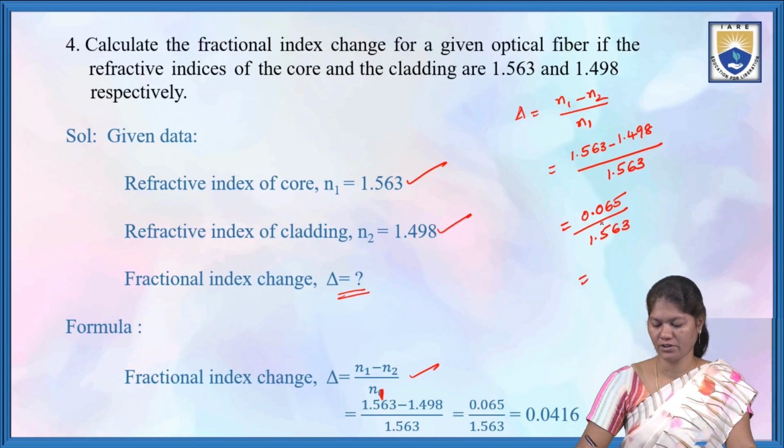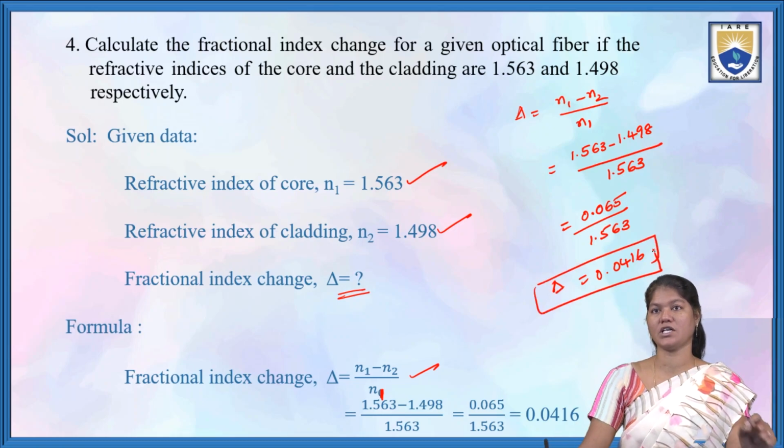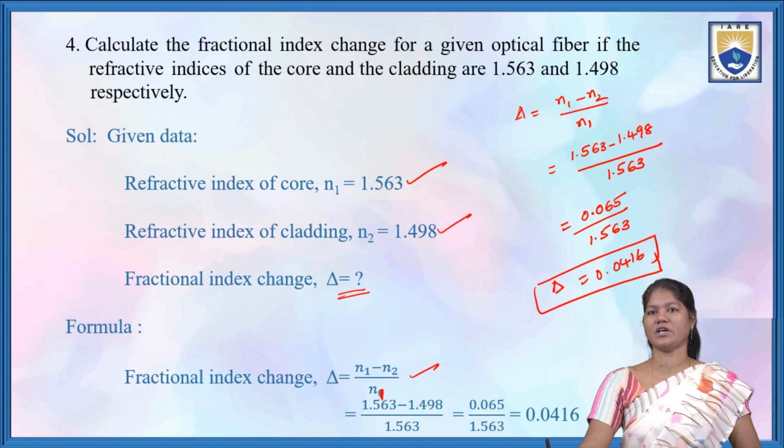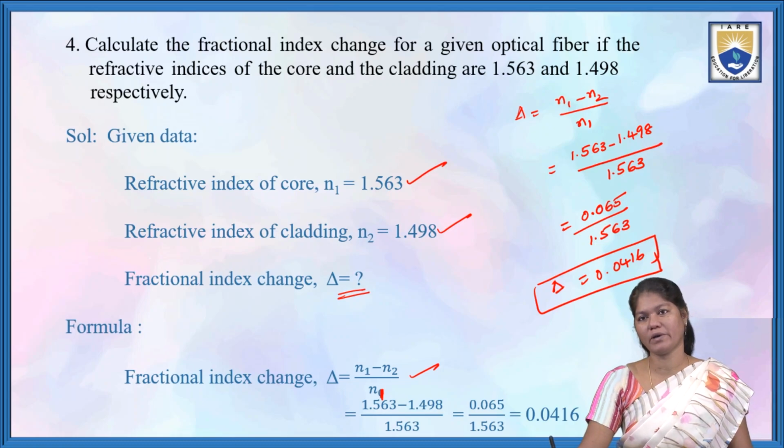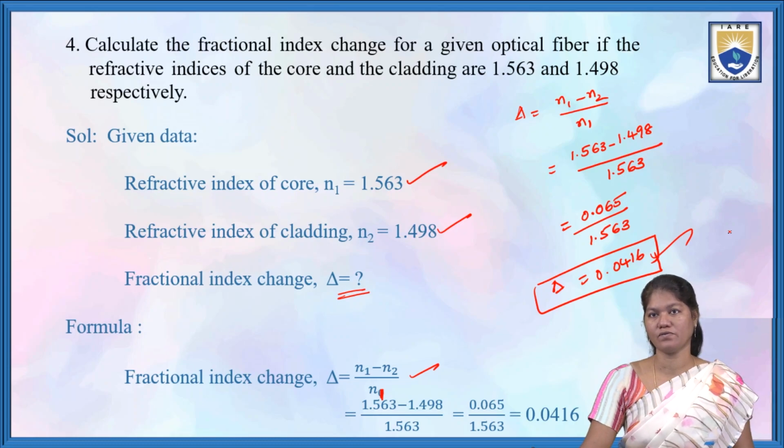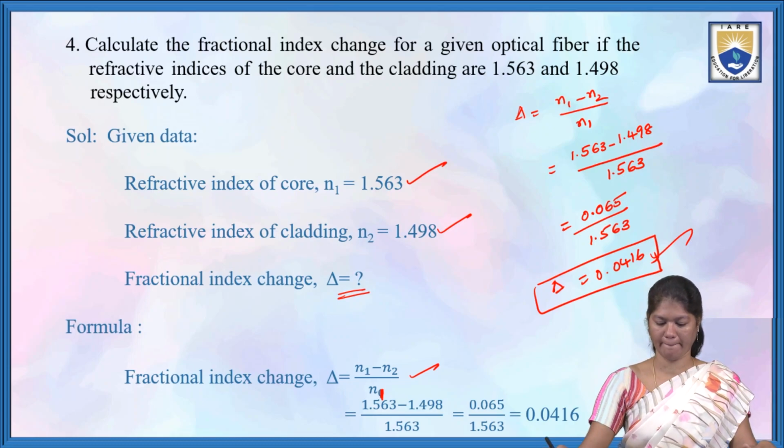The value of this is 0.0416. This is the fractional index change of core and cladding.